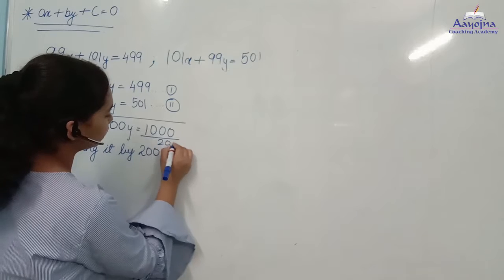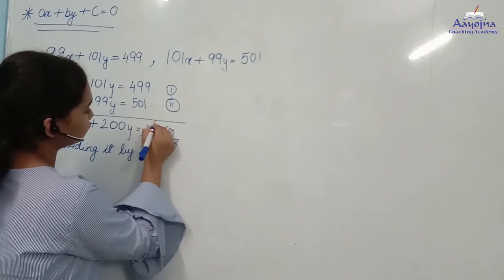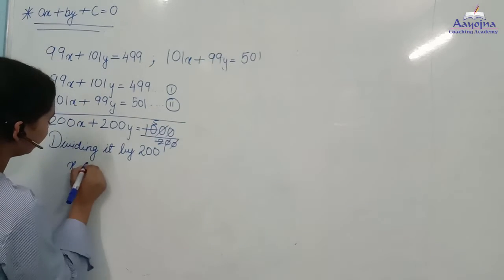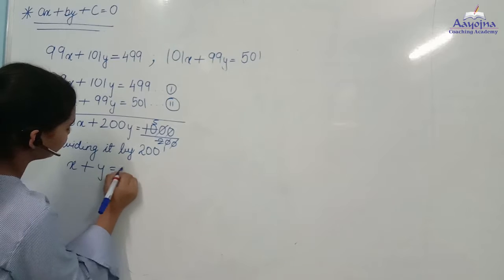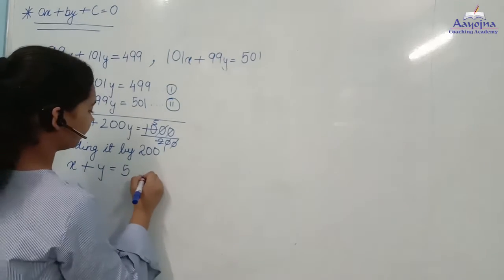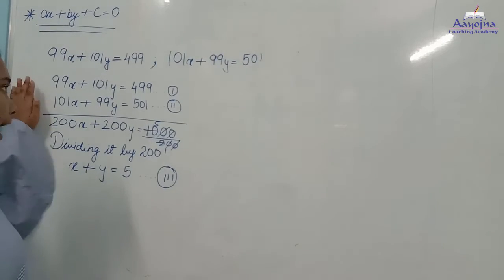Two zeros cancel, 2 fives are 10, so it becomes 5. Therefore it becomes x plus y is equal to 5. Here we get our third equation. We will mark it as 3. Now we are done with the addition part.